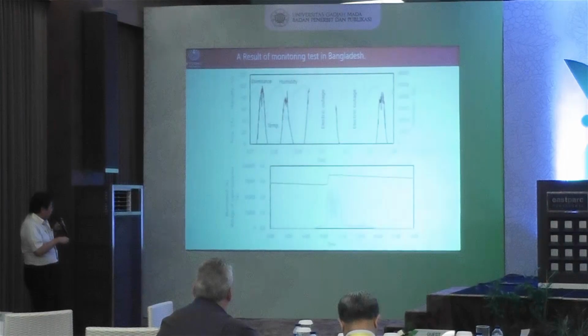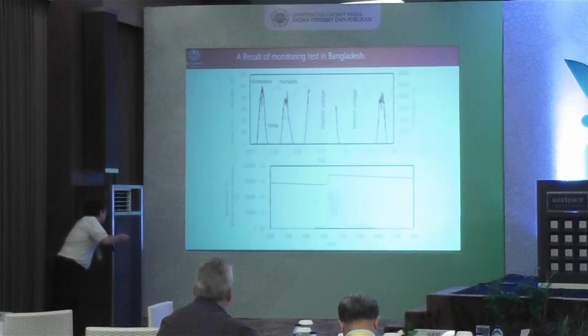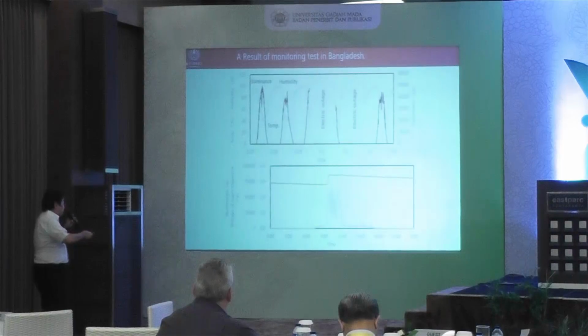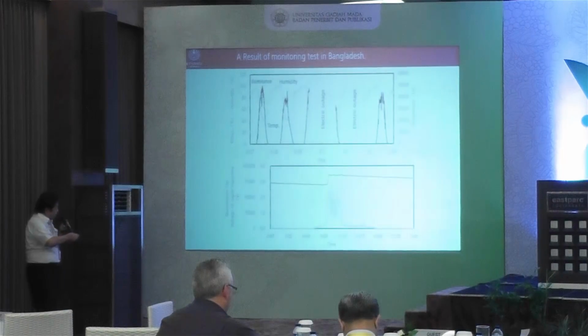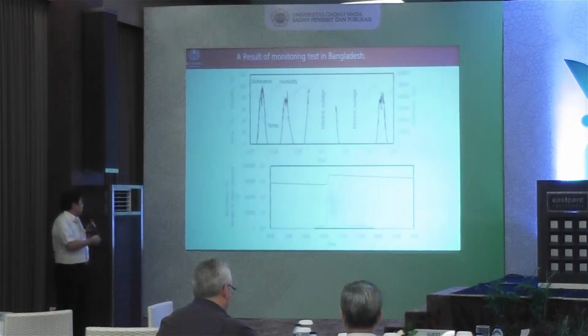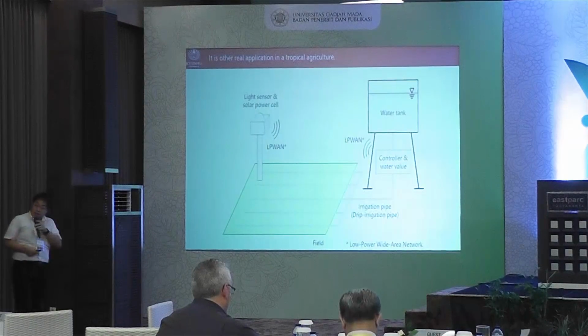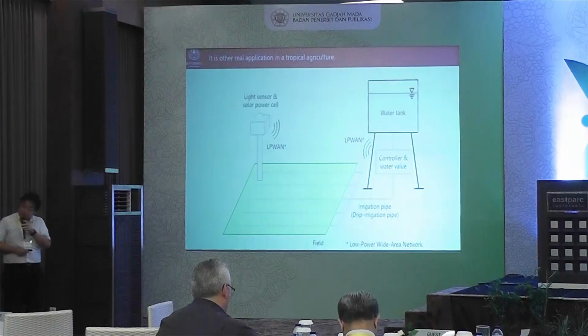This is the solar cell case. You can see the voltage going down during the night, then charging again and going down. It's okay, no problem. This is one example in tropical culture.